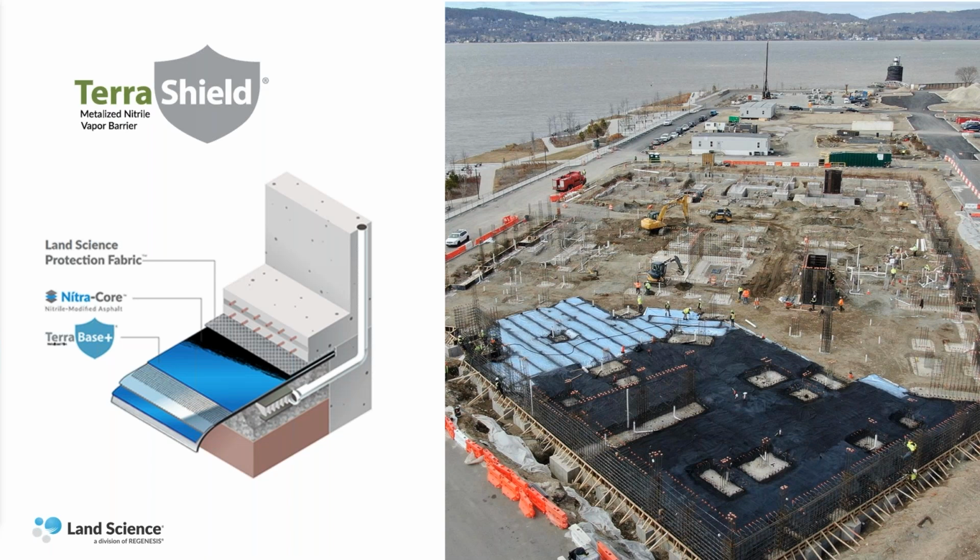This particular site you see here is a residential site that we're working on right now, where you can see the TerraBase Plus layer being rolled out, the seams being sealed, and you can see the 40 mil application of NitroCore across really the majority of the building footprint.